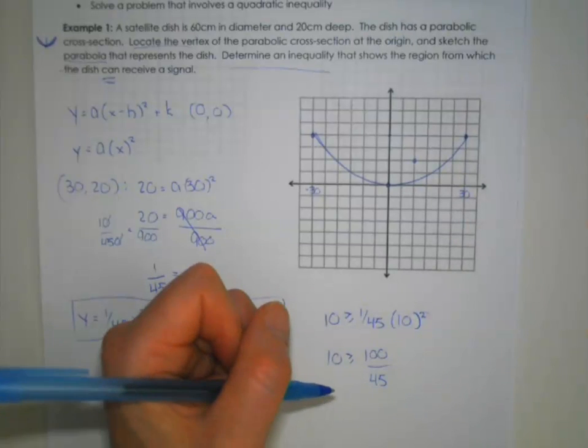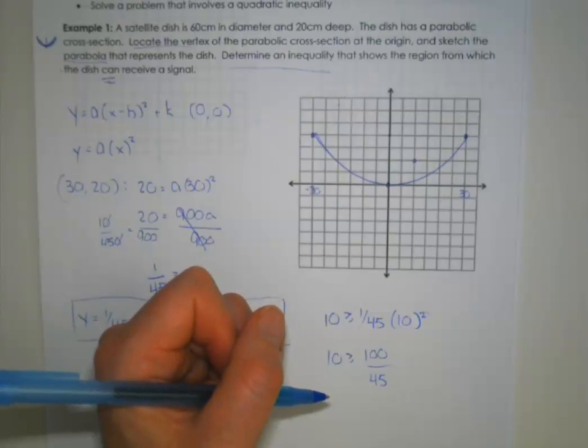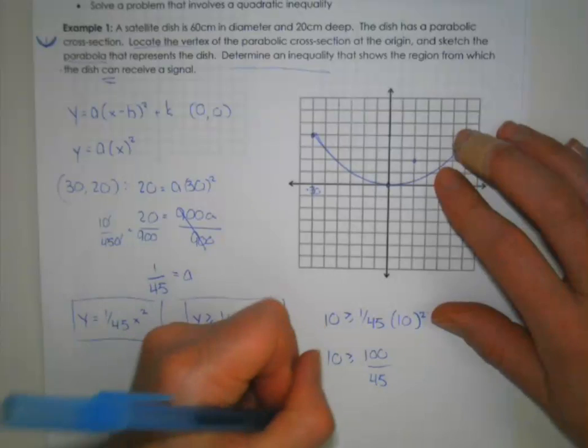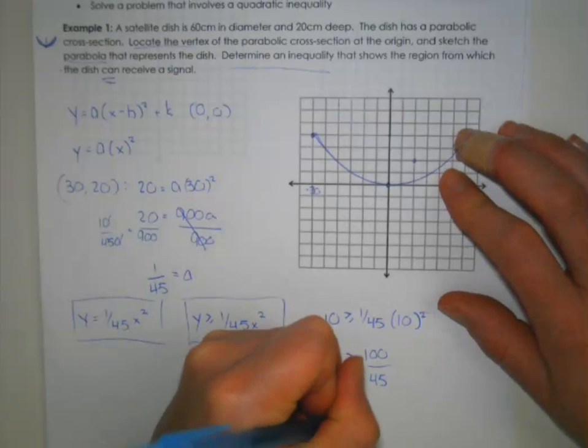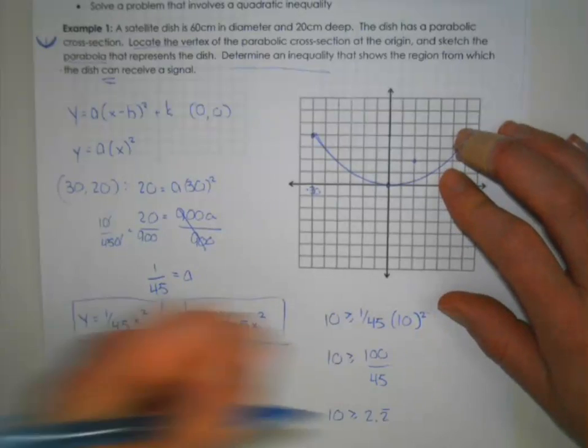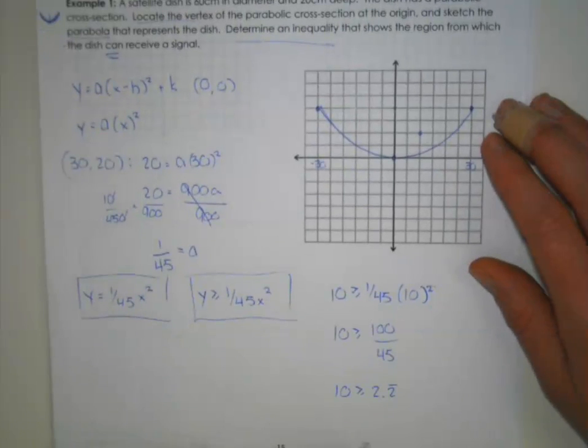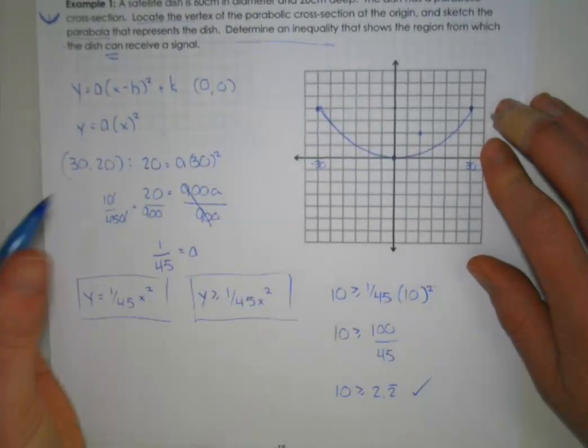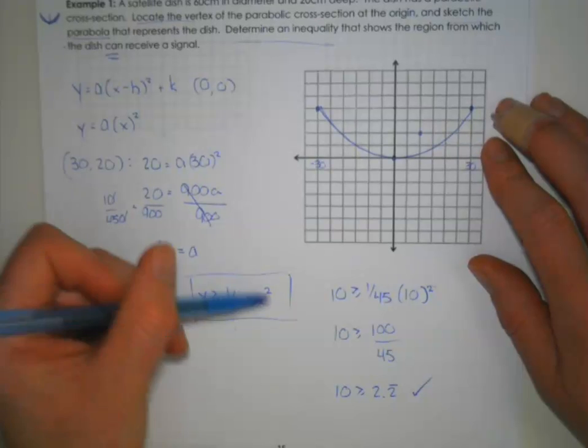100 divided by 45, I believe it's 2.2. So 10 is greater than or equal to 2.2 repeating if you do that division. And this is a true statement. So that means that we've set up our inequality correctly.